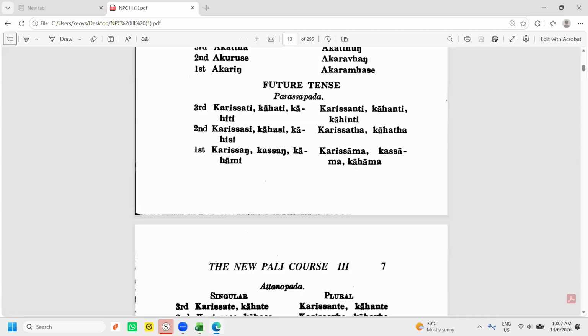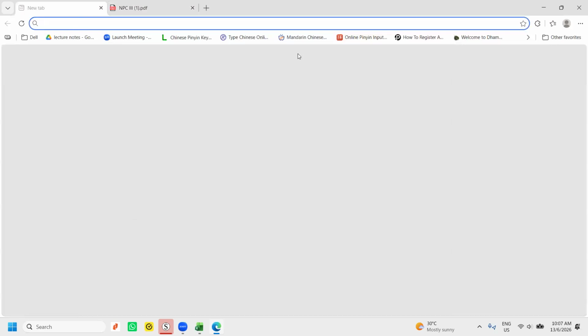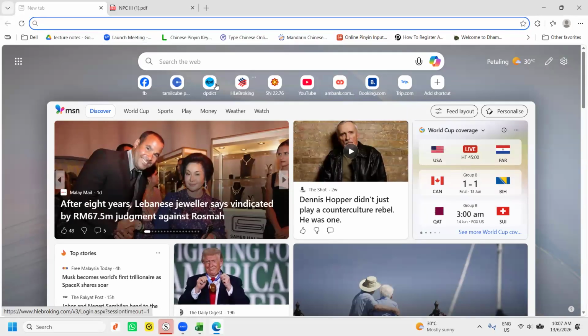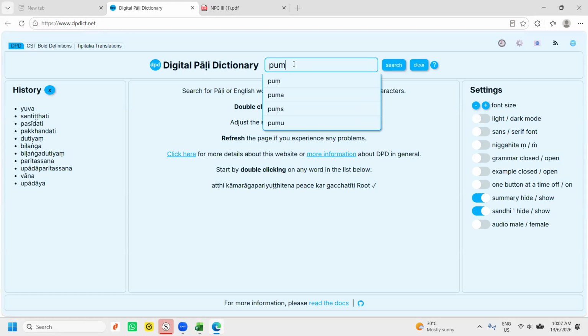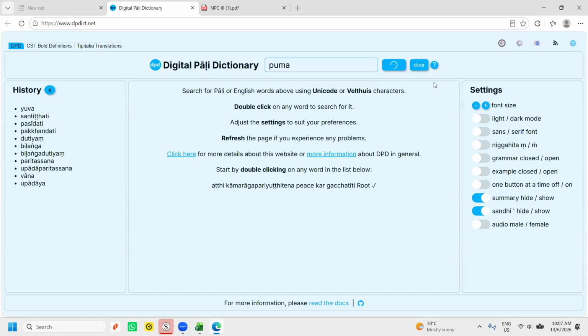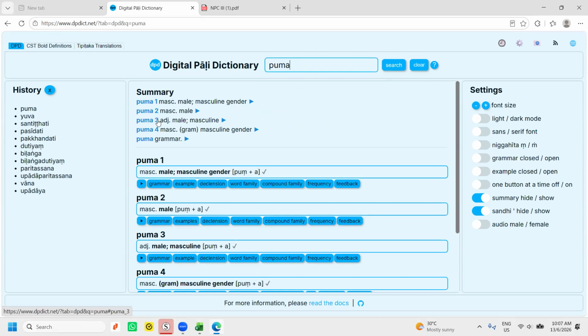That is my issue. So I need to look at the dictionary. So the word is uma. Okay, if you look at puma, it can be a masculine noun here, meaning male or masculine gender. So the root is pum.